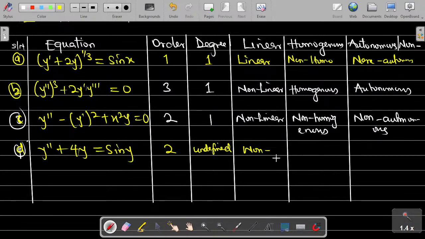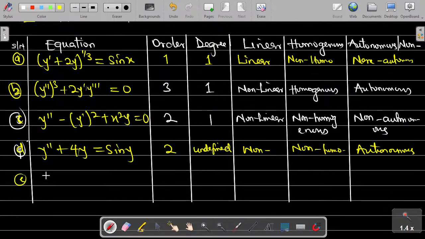Okay, homogeneous. Okay, because of this place, of course you state that it is non-homogeneous. Okay, so non-homogeneous. All right, autonomous, sure, it's autonomous because you can see all the equation is in terms of y. Okay, there's no x explicitly there, right?